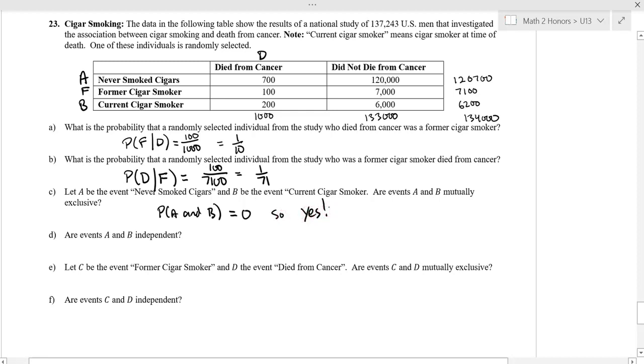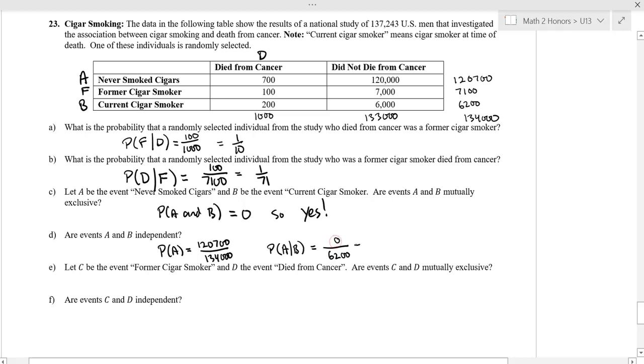Are events A and B independent? Well, the probability of A is 1,207,00 over 134,000, and the probability of A given B, well, B is out of 6,200 people, and how many of those belong to A?